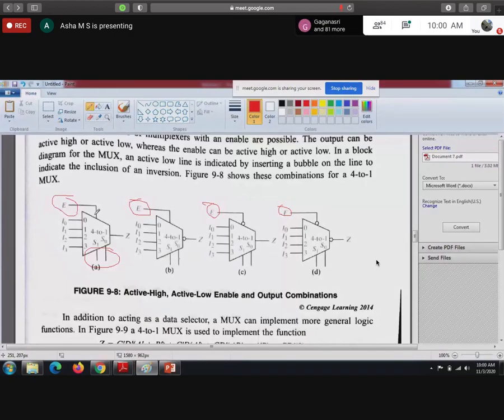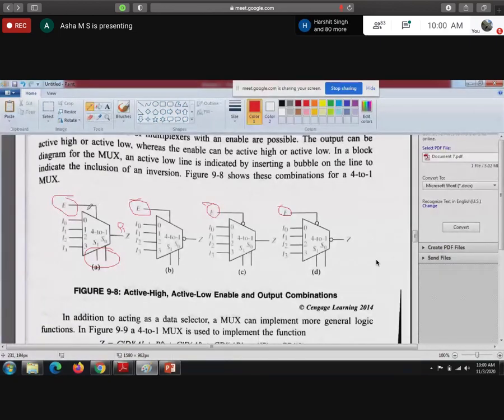So now, if e equal to 0, z will be 0 independent of the gate input. Okay, when e equal to 0, z will be 0 independent of the gate input.